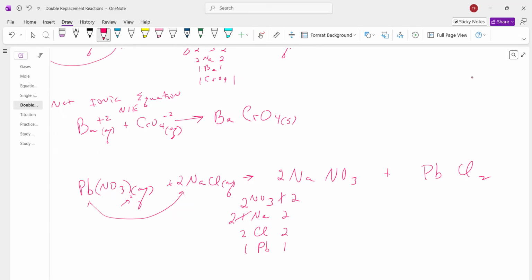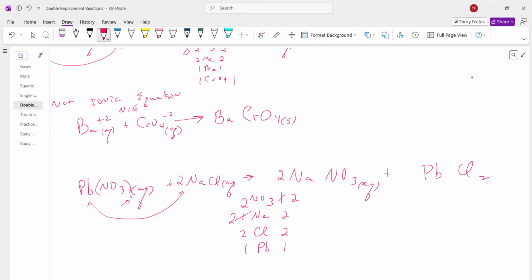So now it's balanced. Okay, so sodium is always soluble. Nitrate, always soluble by the rules or by the table. They both show that. Okay, so that's aqueous.